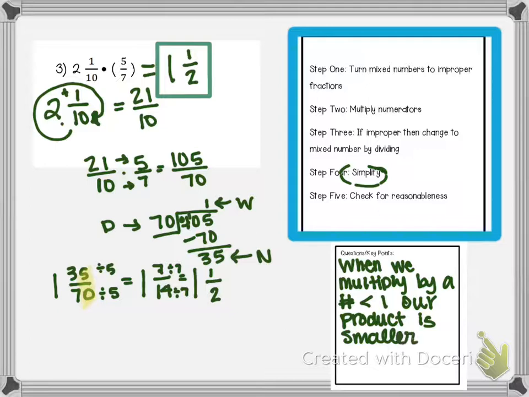If we started out with one of our numbers being a 2 whole number, we can agree that our answer got smaller.